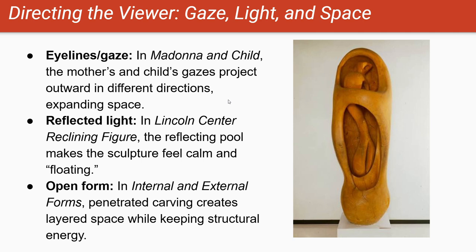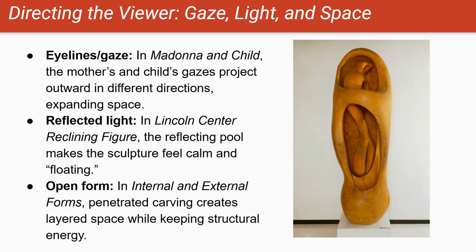Directing the viewer's gaze in light and space. The internal-external form structure is a very good example of that, because its penetrating carving creates a layered space while keeping that structural energy. As you can see, we can see inside of it and the outside of the structural spaces.